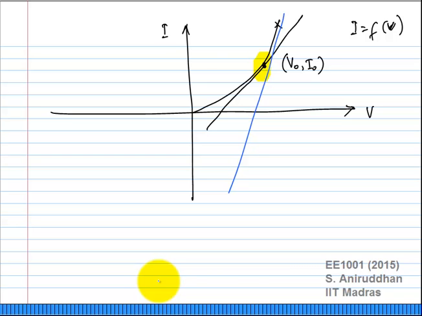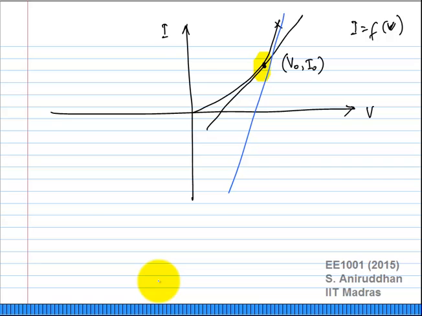Superposition will be valid for these incremental delta V's. So you can see why this could be extremely powerful. You will be using this very often in the analog circuits course.